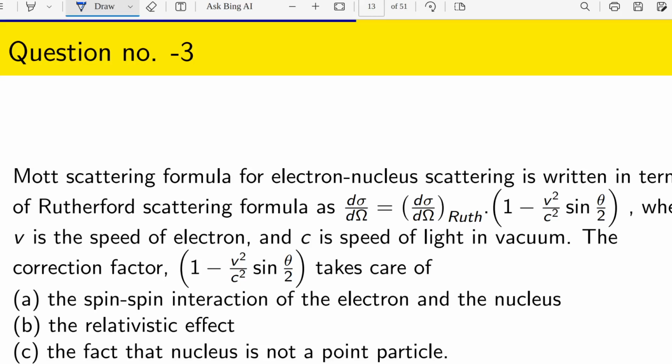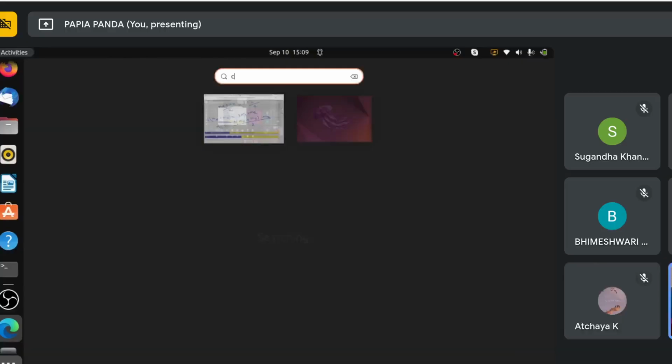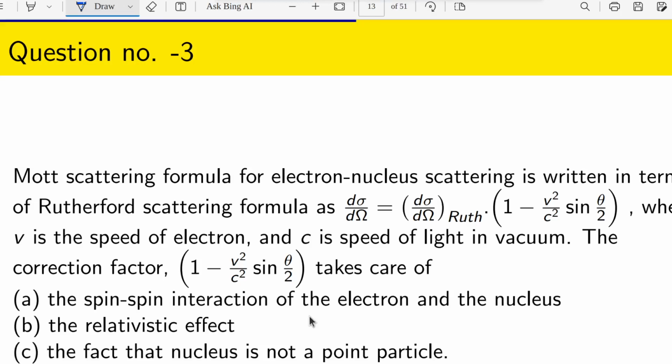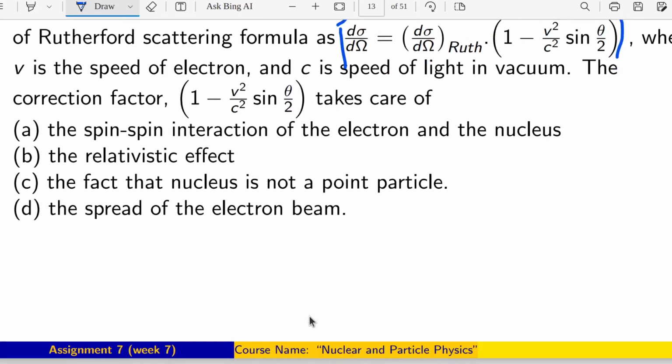The correction factor 1 minus v square by c square sin theta by 2 takes care of what? They are asking what is the meaning of this term.